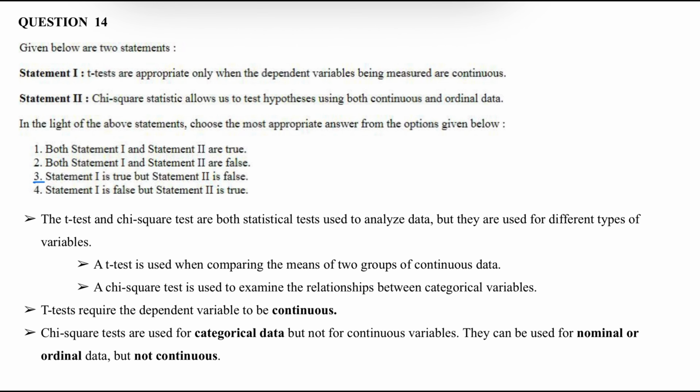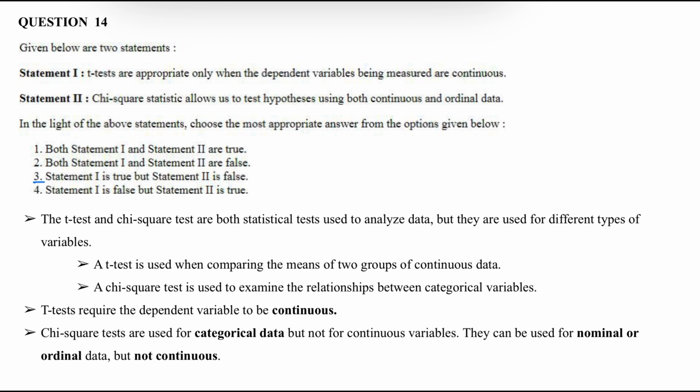Next question. Given below are two statements. Statement 1. T-tests are appropriate only when the dependent variables being measured are continuous. Statement 2. Chi-square statistic allows us to test hypotheses using both continuous and ordinal data. In the light of the above statements, choose the most appropriate answer from the options given below.